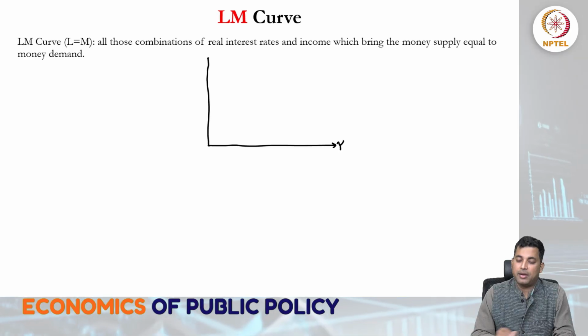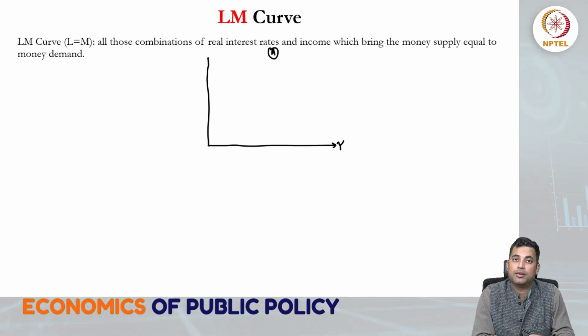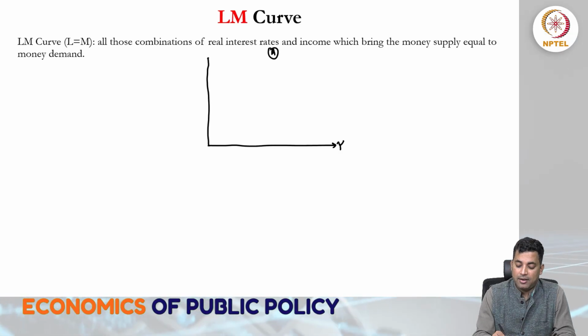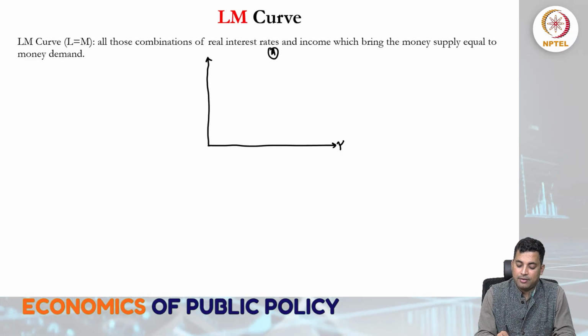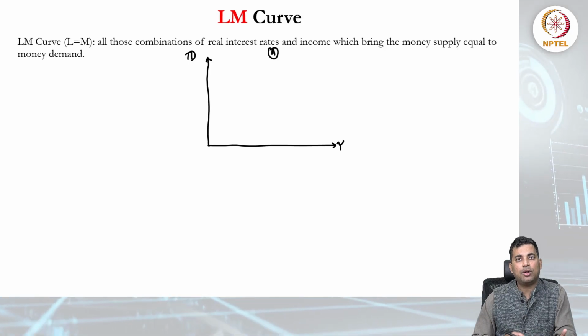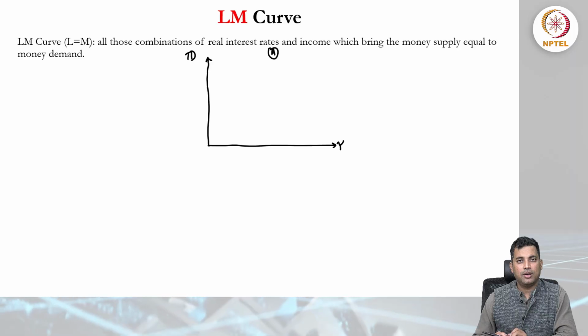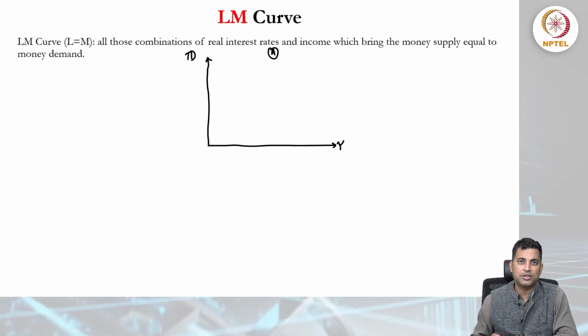So let's again take the 4-panel example, with income measured along the horizontal axis in panel A, for the transaction purpose. I'm not getting into all the technical details, but just showing you the functional relationship.